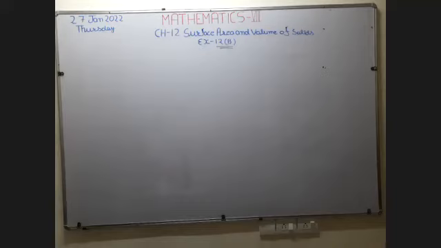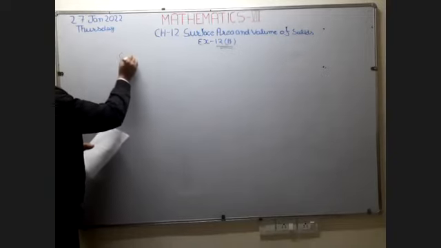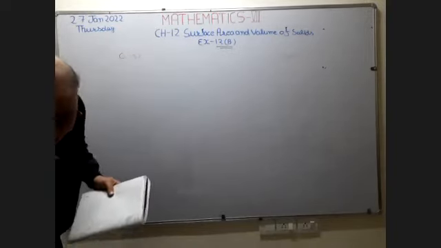Okay. Now check question number 13. What is given in question number 13? So this is a very important question, beta. Check it carefully. See what is given in your question first.